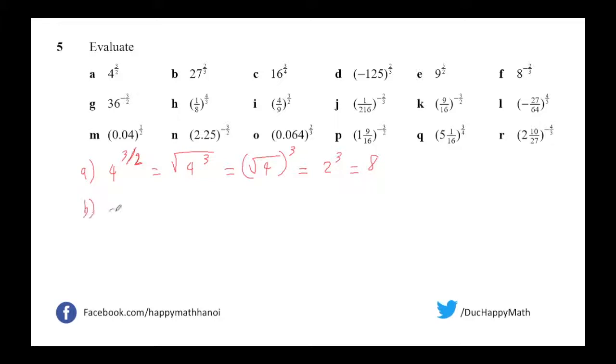B. You have a 3 in the denominator of the power, so I take the cube root first and take the square outside. Then 3 squared is equal to 9.